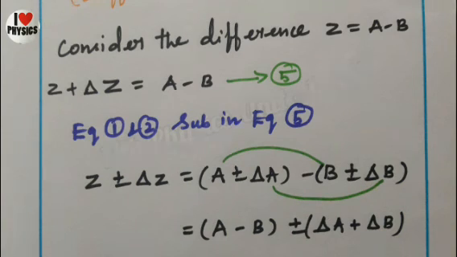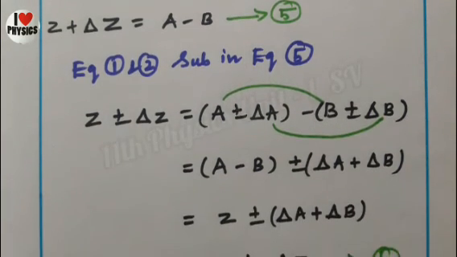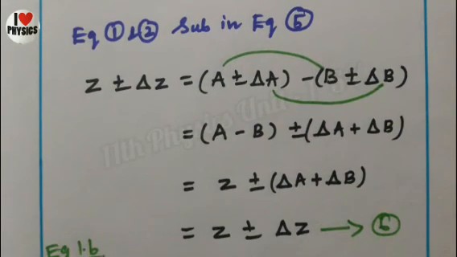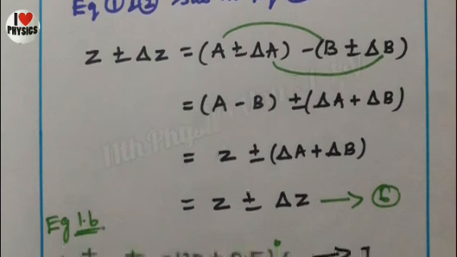Substitute equations 1 and 2 in equation number 5. So that is A plus or minus del A minus B plus or minus del B. Listen, now the main values are only subtracted but the error values are added. That means minus 2 minus 4 or plus 2 is plus 4.